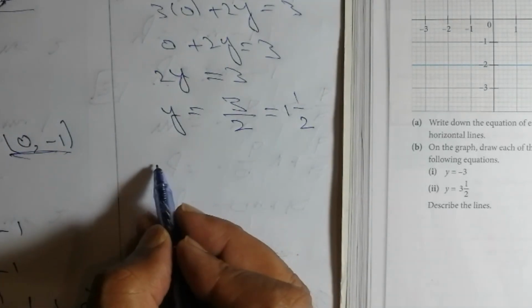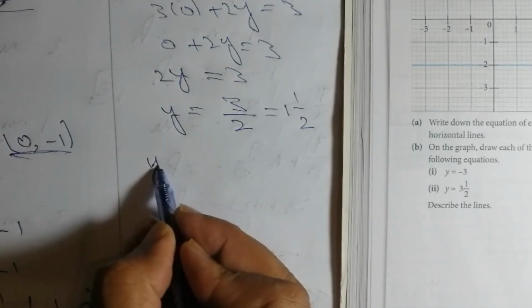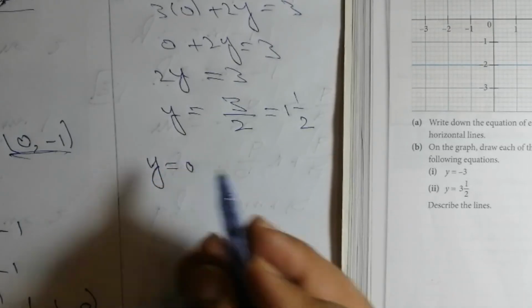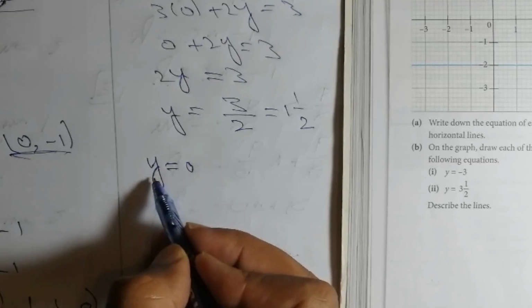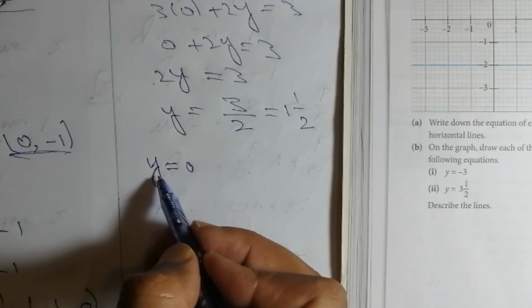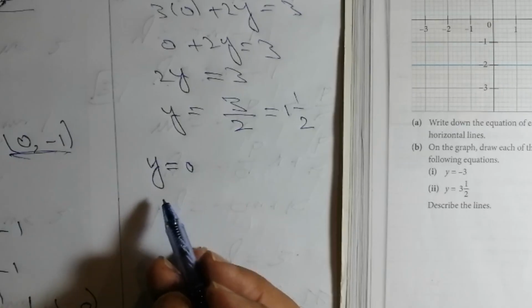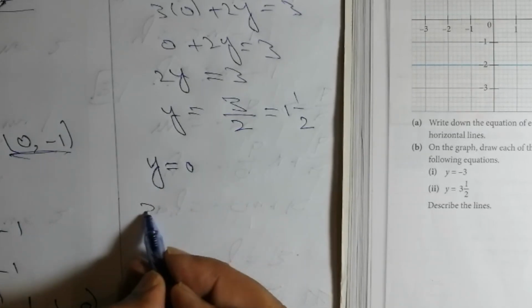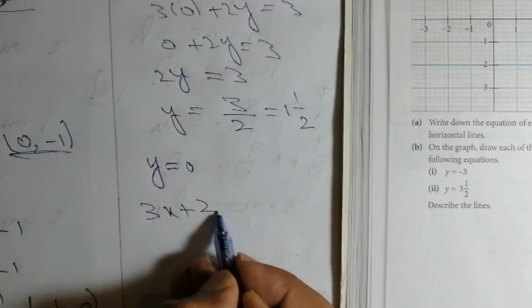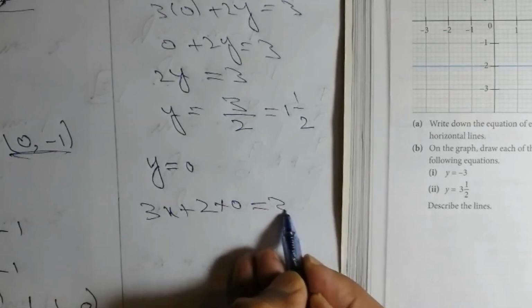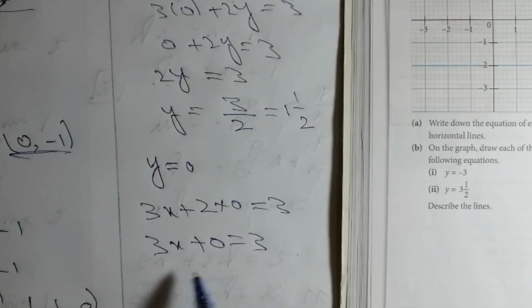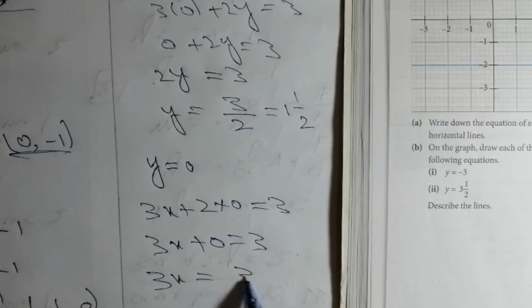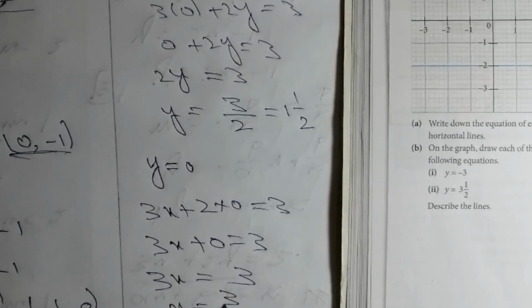Now for y equal to 0, y equal to 0 is the equation of the x-axis. So this line will intersect the x-axis at some point. Let's find the point. 3x plus 2 into 0 equal to 3, so 3x equal to 3, x equal to 3 by 3, which is 1.